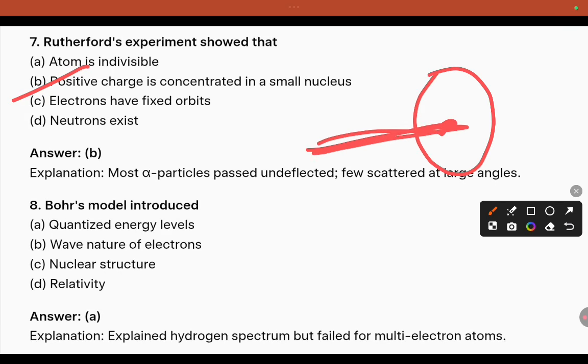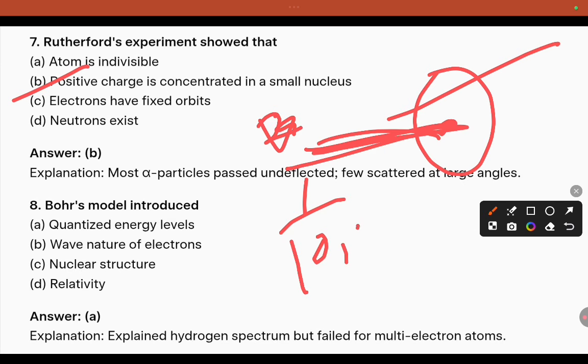If you pass 10,000, 9,999 go through, and only 1 out of 10,000 is bounced back because of the small nucleus.